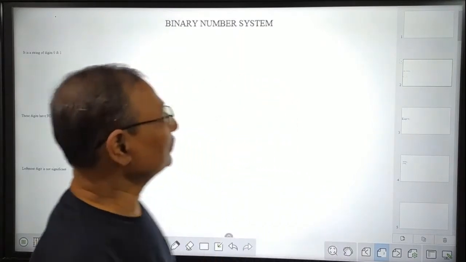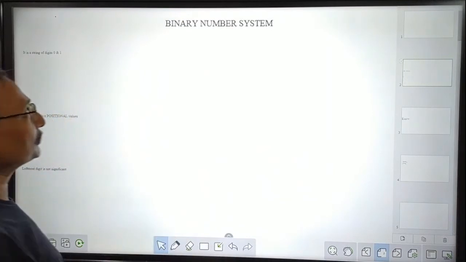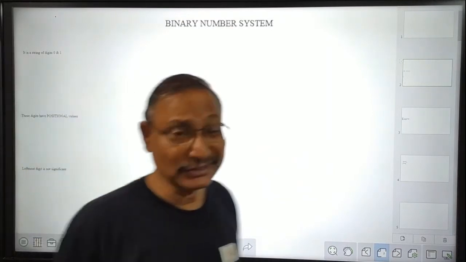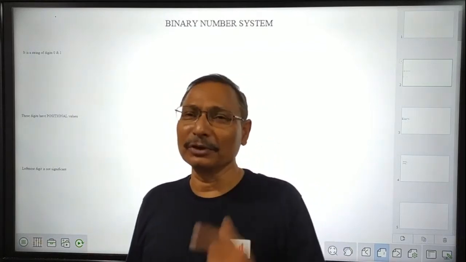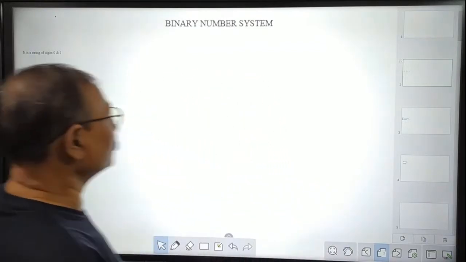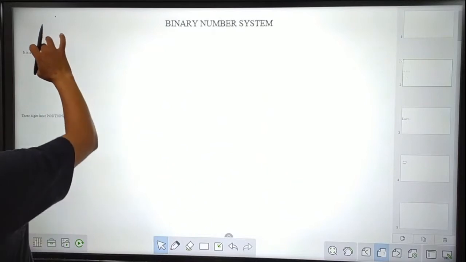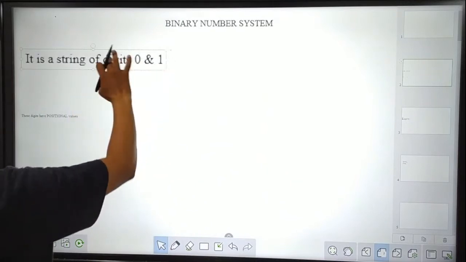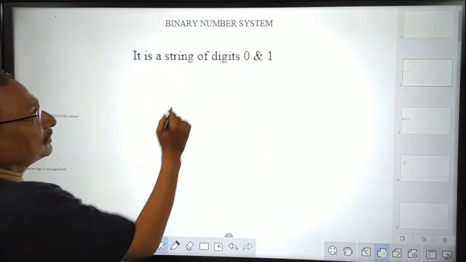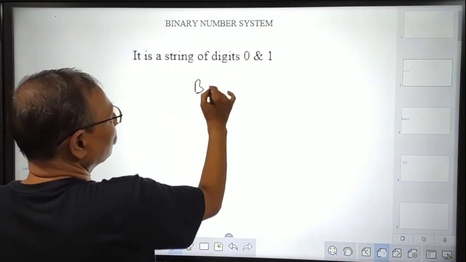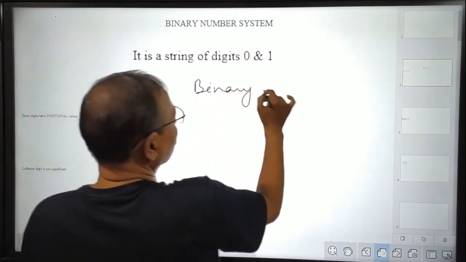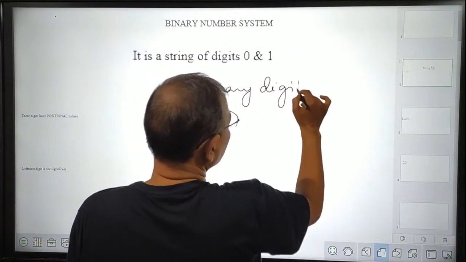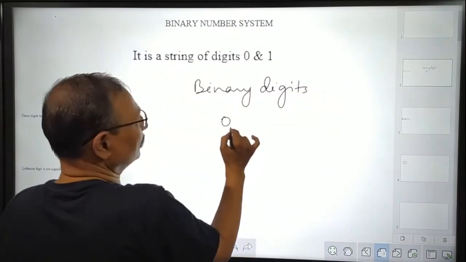Primarily, we know the binary number system is a string of only two digits, 0 and 1. These two digits are called binary digits. That means binary digits are only two in number, 0 and 1.